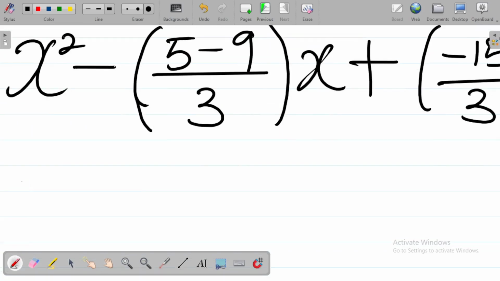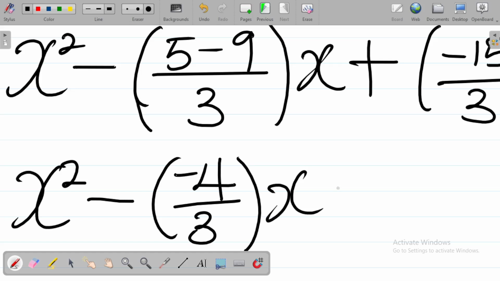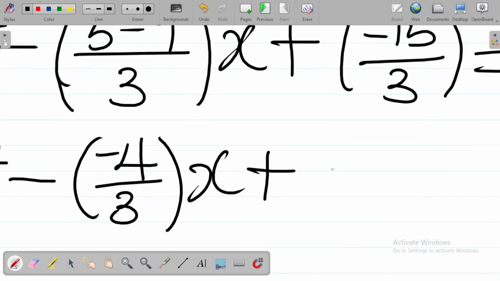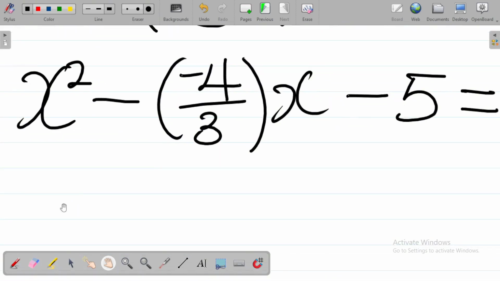So we have here x squared minus -4 all over 3. We attach x and then plus -15 all over 3 is -5. So minus and plus gives us -5, and then it is equal to 0.